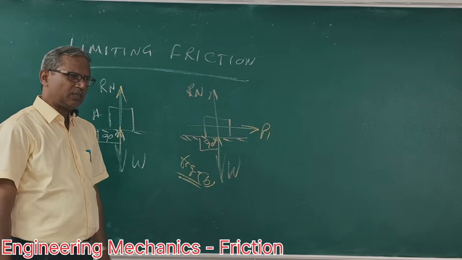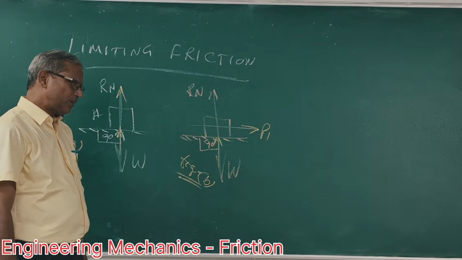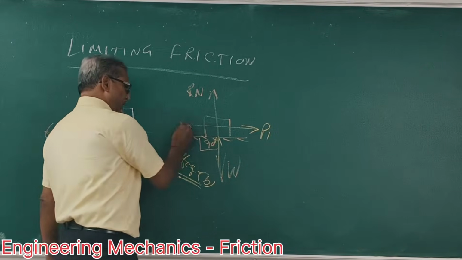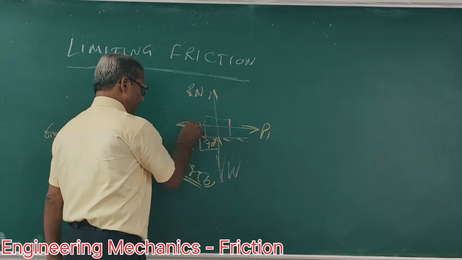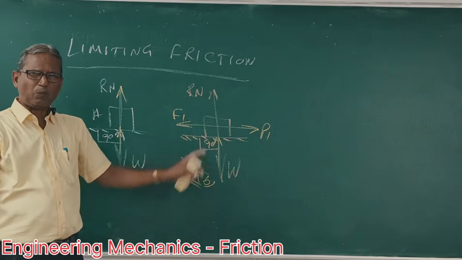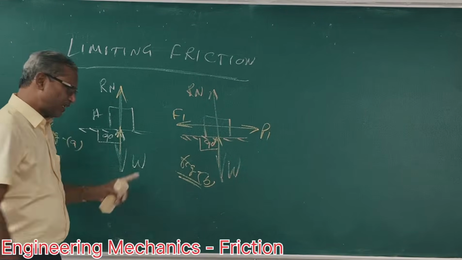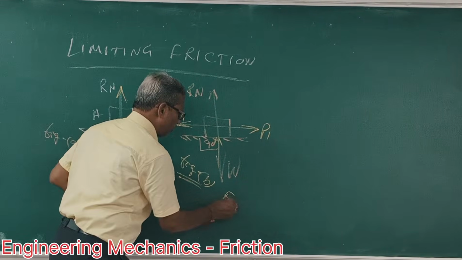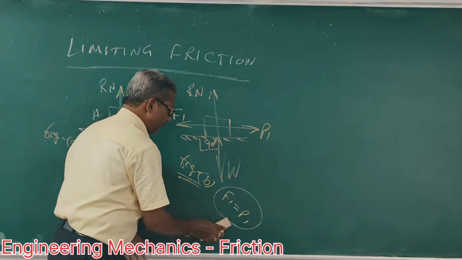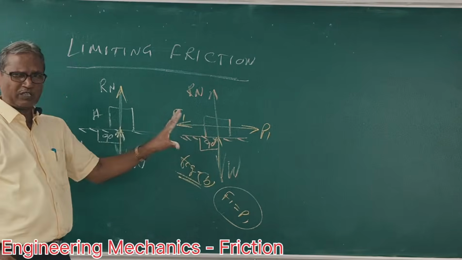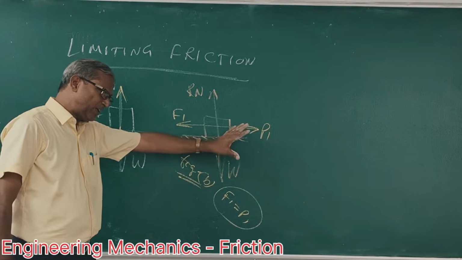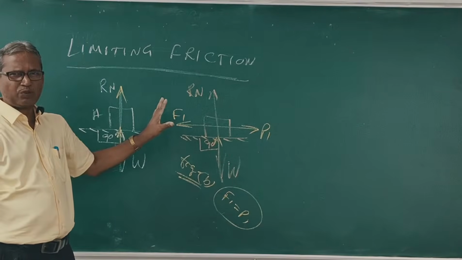In this case, the body tries to move towards the right side, but a frictional force F1 acts opposite to the motion of the body, opposite to P1. So F1 is equal to P1. The body is at rest, in an equilibrium condition. This force P1 balances the frictional force F1.